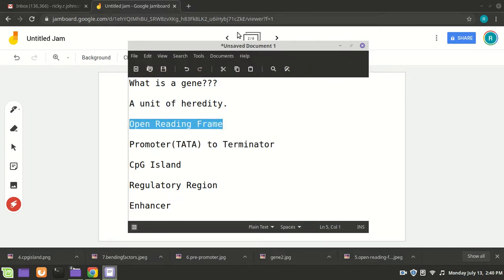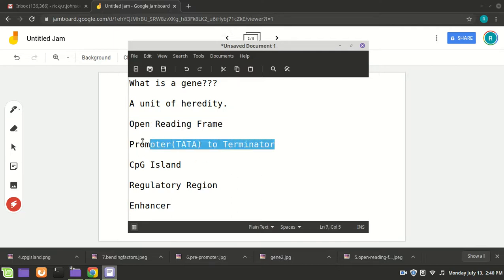That is the part that gets copied into an mRNA, which then is read by the ribosome, if you remember Grandma's cookbook, and those are the instructions for making a protein. And the ribosome will, of course, put together a protein with those instructions.